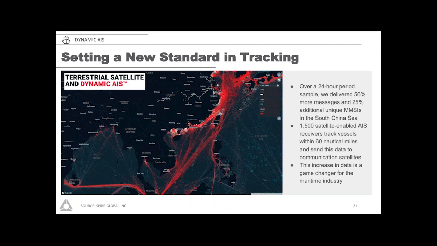And then the red is showing this dynamic capability that's capturing all these commercial vessels as they go through major shipping lanes from China and Japan all the way over to India.